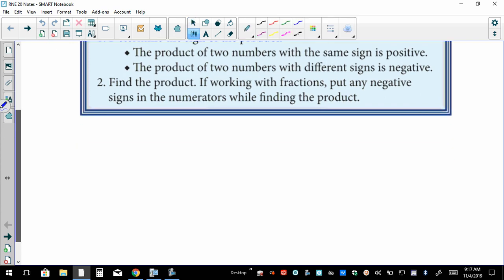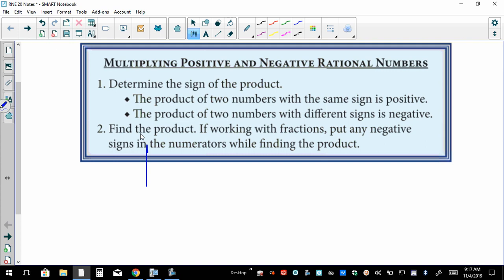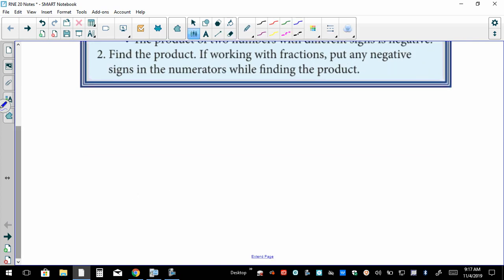If I have a positive times a positive, what's my answer going to be? Positive. You write this down. If I have a negative times a negative, what's my answer going to be?